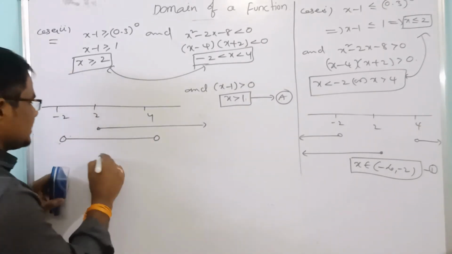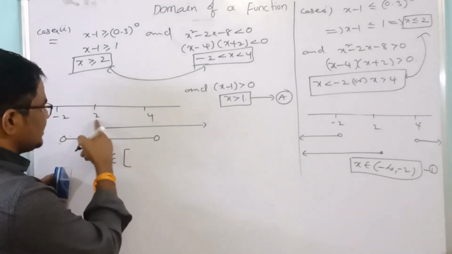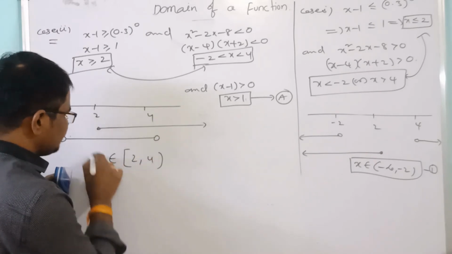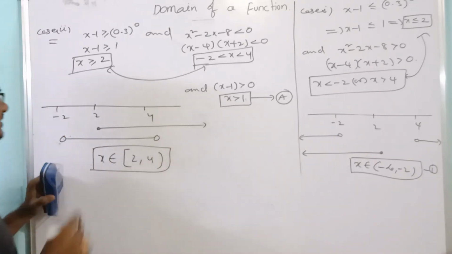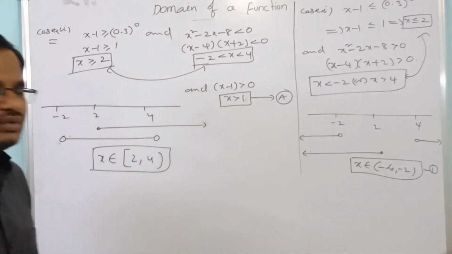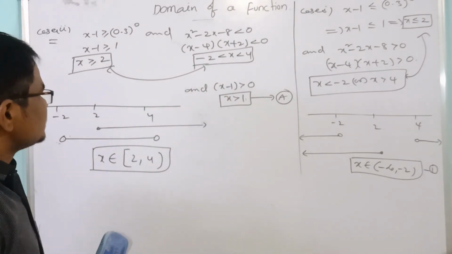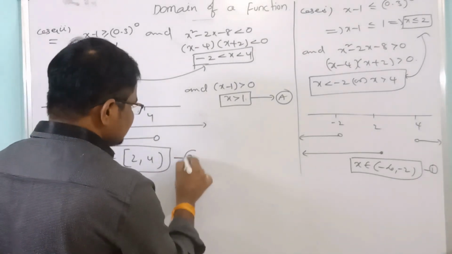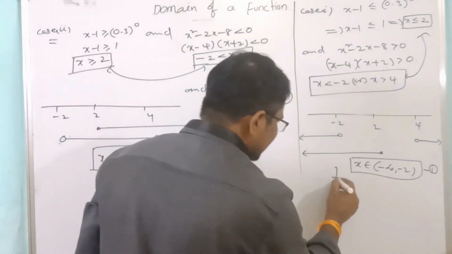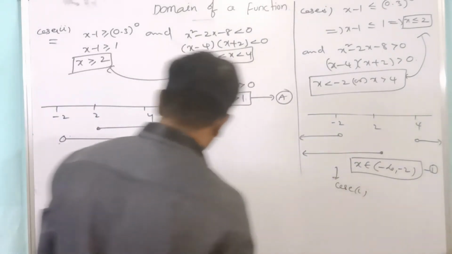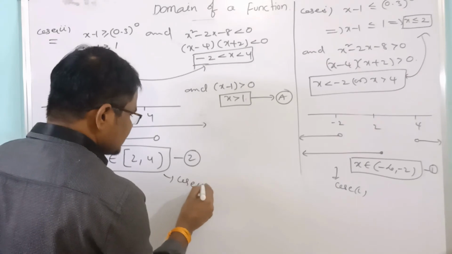What is the common area? x belongs to the closed interval 2 to open interval 4, right? So take this as equation number 2. This is by case 1, this is by case 2.